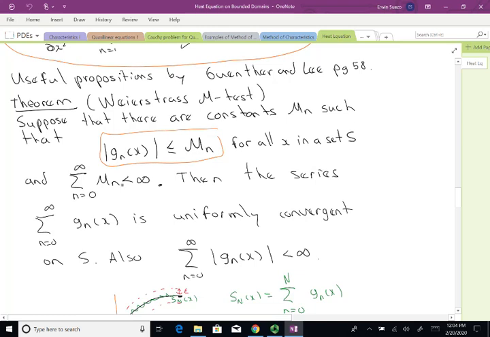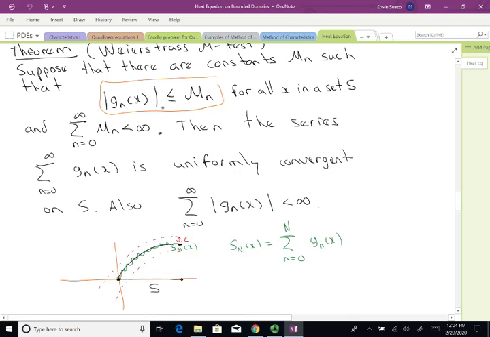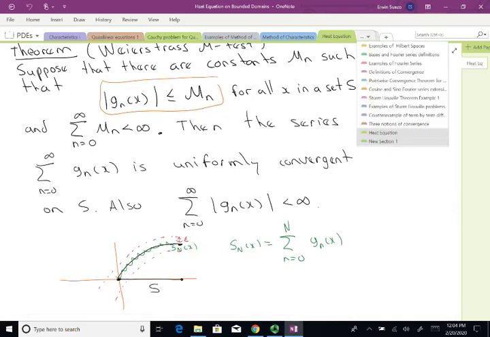So how do we do this? That's what we're doing, right? g sub n of x is the one that we started using, and M sub n is the other one.